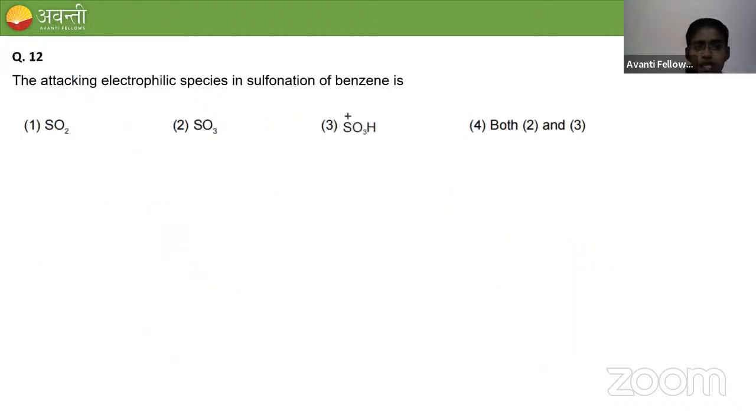The attacking electrophilic species in sulfonation of benzene is. So what is sulfonation? Again, it is an electrophilic substitution reaction, right? So let's take a benzene, and the sulfonating reagent is H2S2O7.